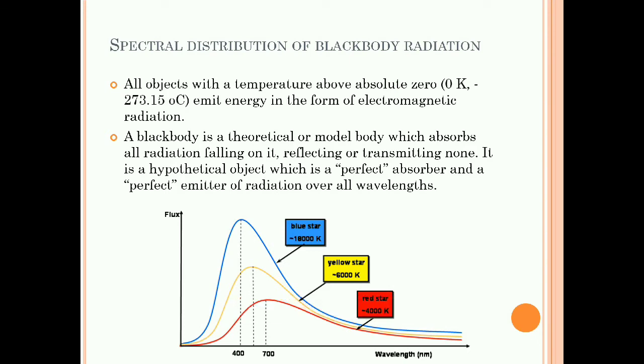When we talk about a black body, it is nothing but a theoretical or model body that absorbs mostly all the radiation incident on it, so we call it a black body. All objects with a temperature above absolute zero emit energy in the form of electromagnetic radiation.